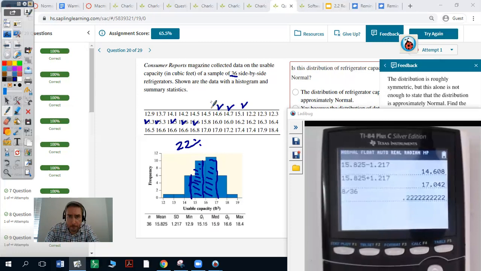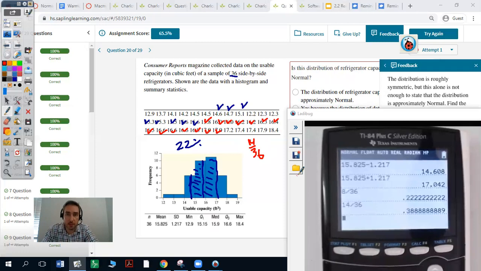Let's go above. So between 15.825 and 17.042, we got 1, 2, 3, 4, 5, 6, 7, 8, 9, 10, 11, 12, 13, 14 out of 36. Yikes.